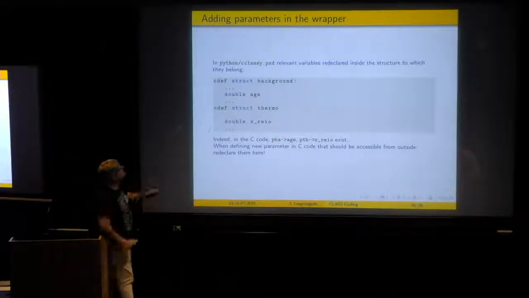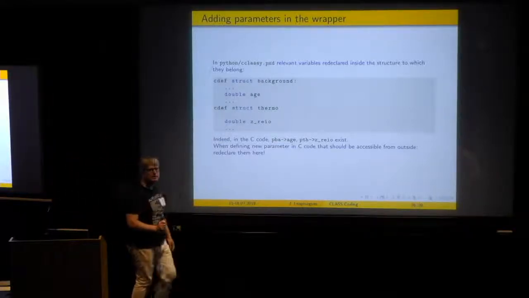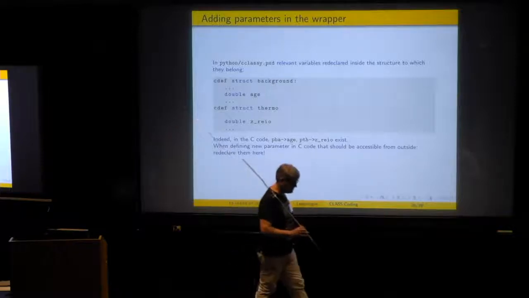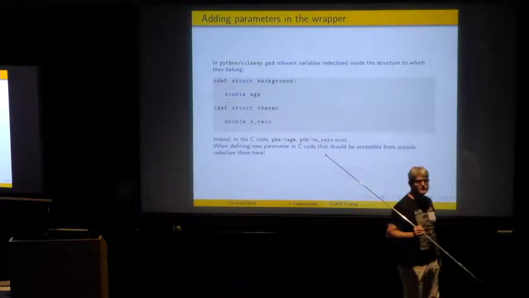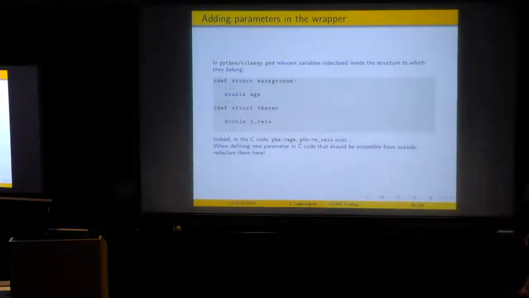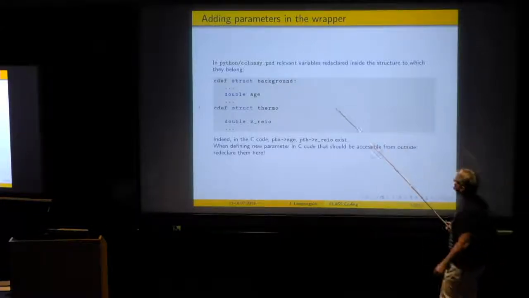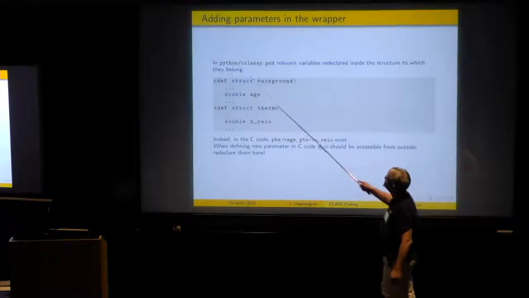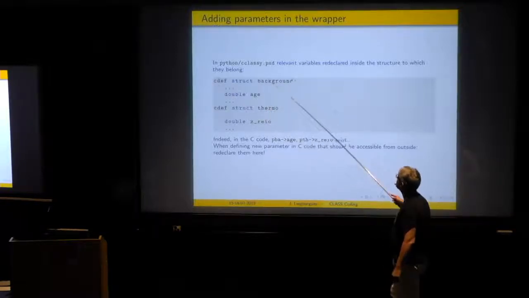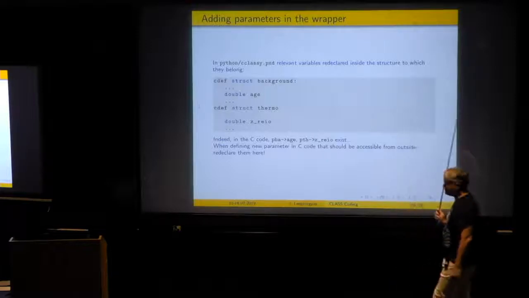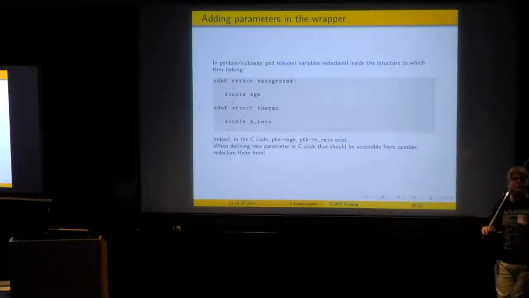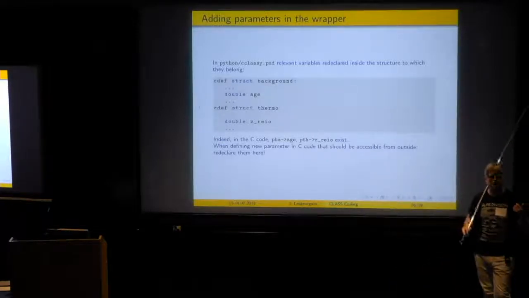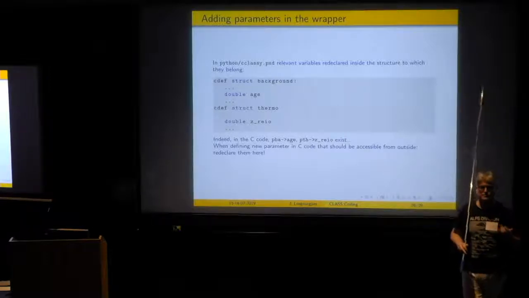So in this file, cclassc.pxd, there are only declarations of variables and of functions. So for instance, if you look now at cclassc.pxd, you will see a cdef struct background. You understand that this is where you declare the structure background, because the logic of Cython is that you need to redeclare everything that was in the C code and that you want to know in the wrapper.